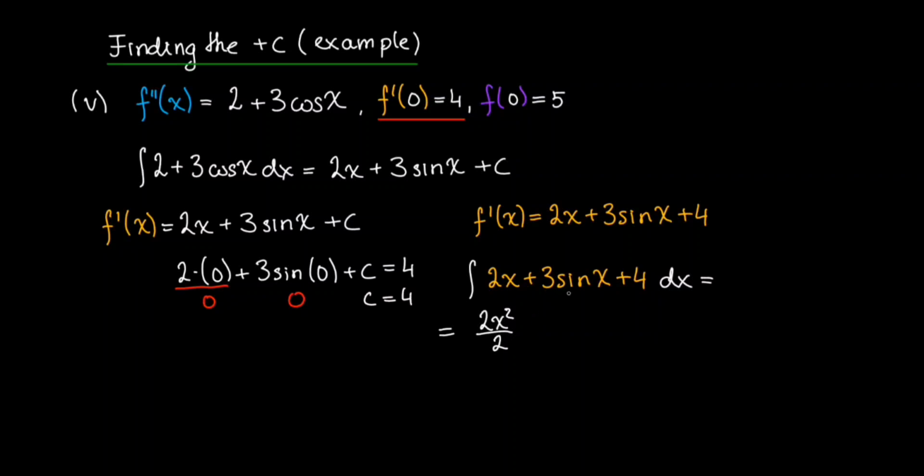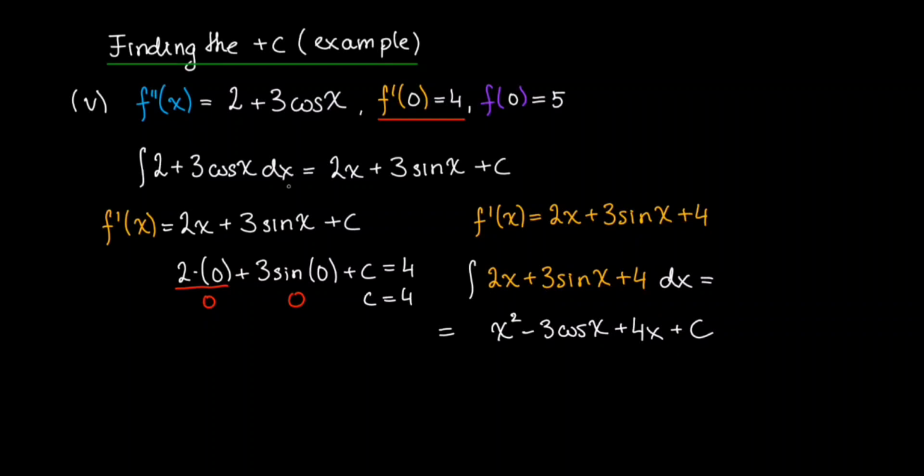Then, the integral of sine is negative cosine. So what we get is minus 3 cosine x, and then plus 4. 4 is a constant, so integrating it, we would get 4x. And of course, never forget, in the end, again, we have the plus c. In the front, the 2 and 2 will cancel out, so we would simply get x squared.